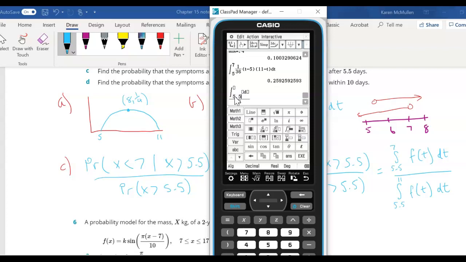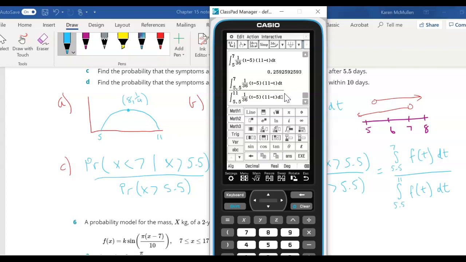Okay, so we're going from 5.5 to 7. Now, if you already defined it, you can do that again, but I'm just going to copy and paste it. And on the bottom, we're going from 5.5 to 11. And I'm going to paste it again.